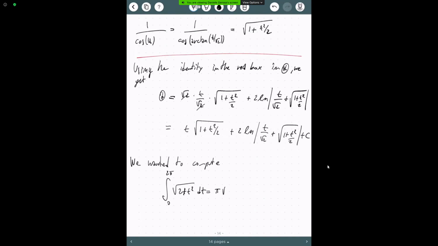You get that the result is pi times the square root of 2 plus 4 pi squared plus the logarithm of the square root of 2 pi plus the square root of pi squared plus 1. So that's the solution to this exercise. The computation should be fine. Just maybe you might want to go through and check if all the signs are okay.